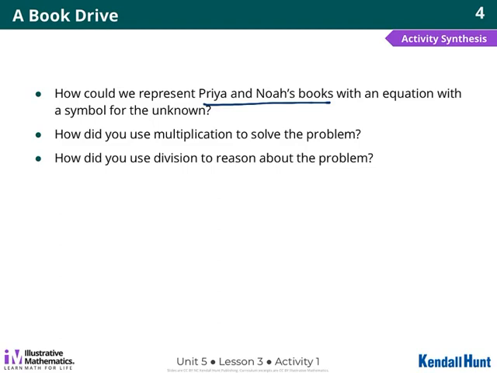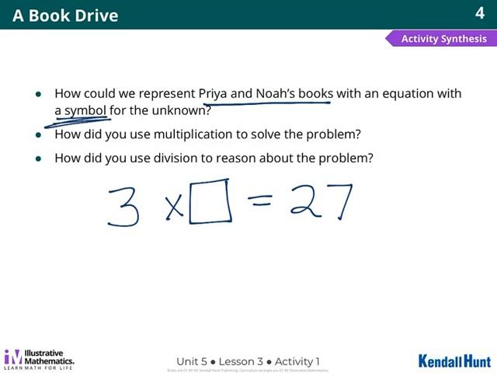We could have used, what's it called? I forget what it's called, but it's a letter. A letter. You're on the right track. I love it. So we knew one of them had 3 and one of them had 27. What could we put right here as a symbol? Brooks. A letter. Yeah. Is that what you're going to say, Jerica? Or a number.